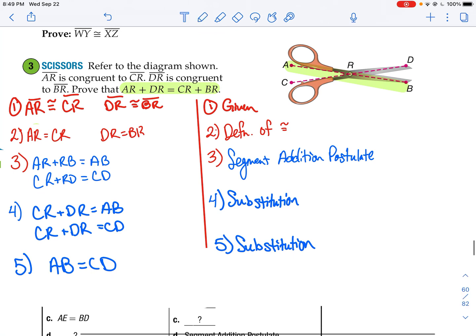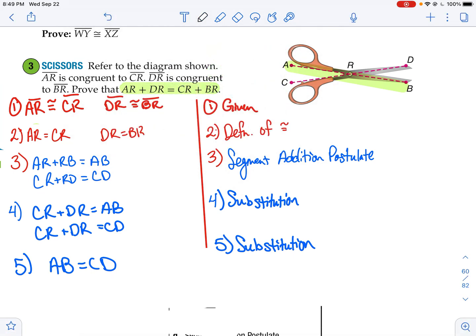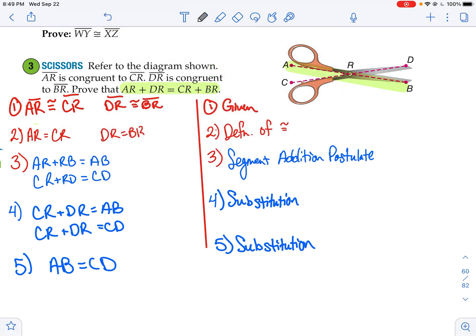then I'm going to look all the way back, and I know this gets a little bit tedious. I'm going to look all the way back at step 3. Let me change colors here. I'm going to look all the way back at step 3.